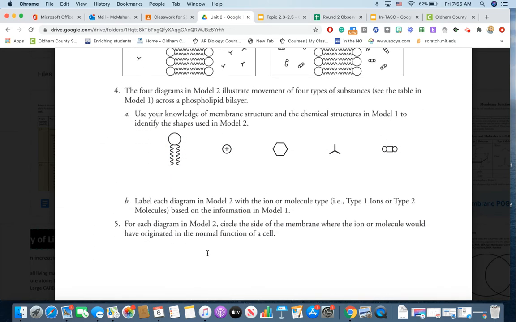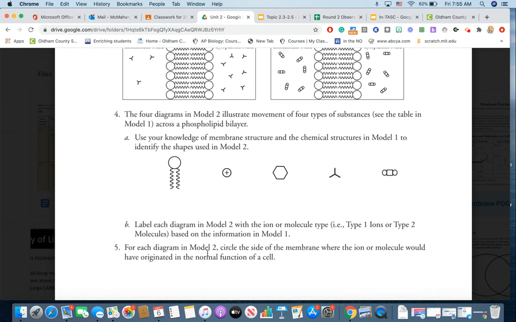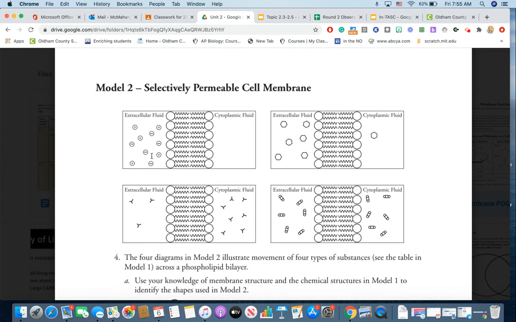And then for 5, it says circle or shade with a highlighter where you think the molecules originated in these models. And so to me, I think about where would ions be? Where would glucose be? Is it on the outside of the cell trying to get in? So you would have circled or highlighted this side for ions. They are outside and they want to cross in.